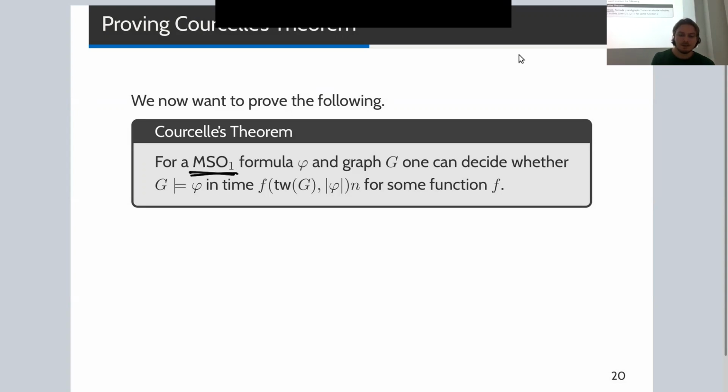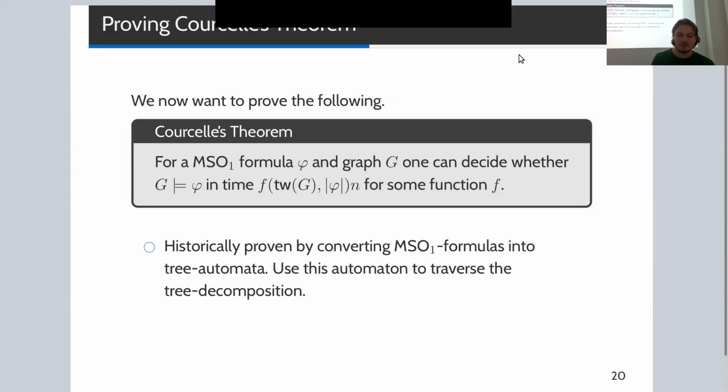And historically, this has been proven using so-called tree automata, where you were constructing some kind of automata that captured the different states that an MSO formula can be in. And then you traverse up the tree decomposition until you reach the root. I'm not so familiar with the details of this proof, and it's by far not my favorite variant of this proof.